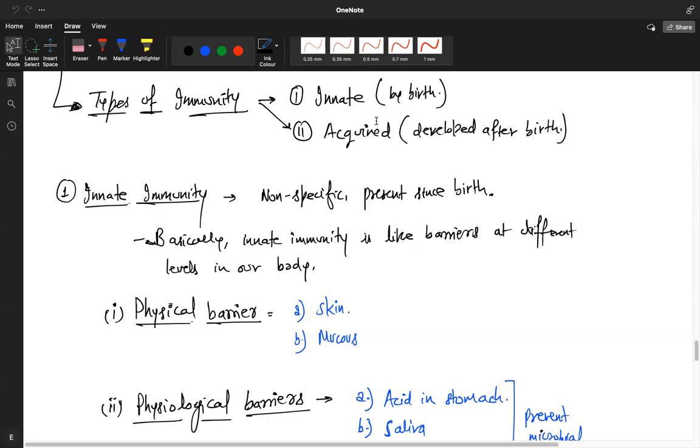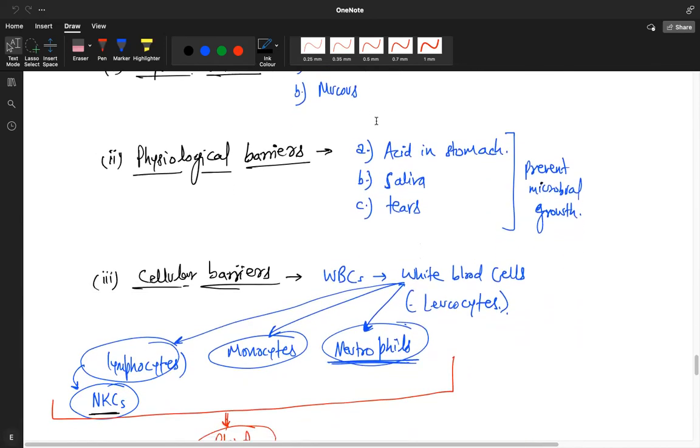The cellular barrier consists of different types of WBCs like neutrophils, monocytes, as well as macrophages in tissue. Then the last one is the cytokine barrier. The infected cells secrete protein interferon, which protects non-infected cells from further infection.